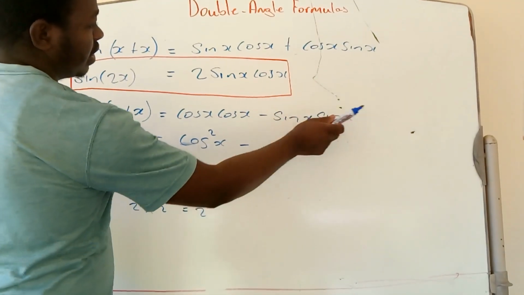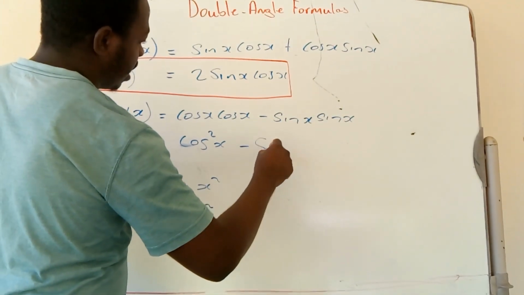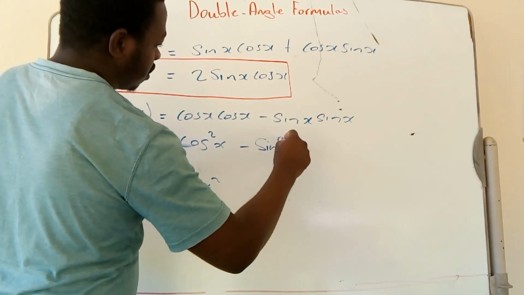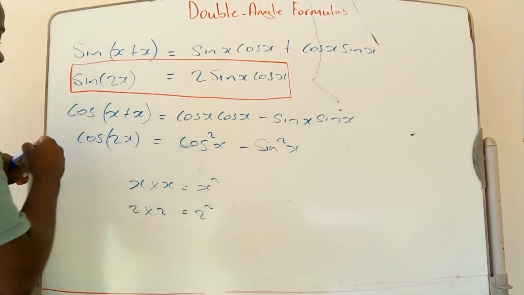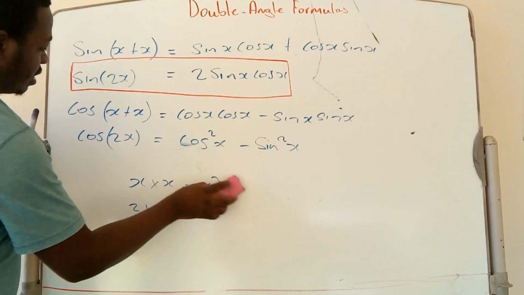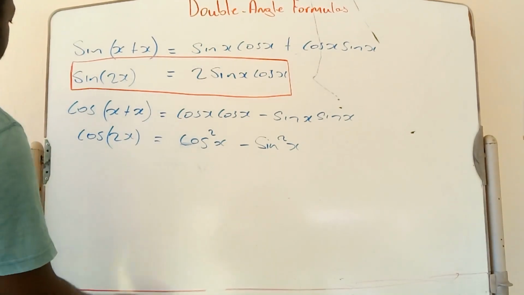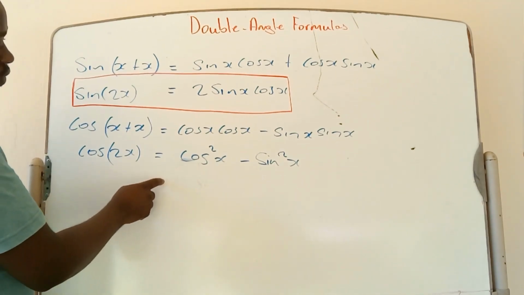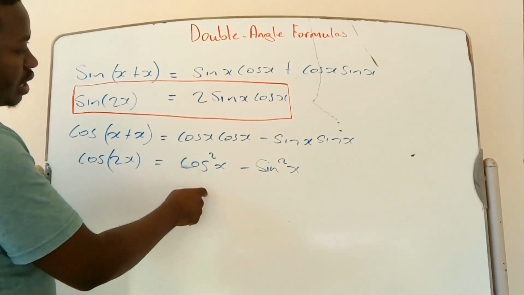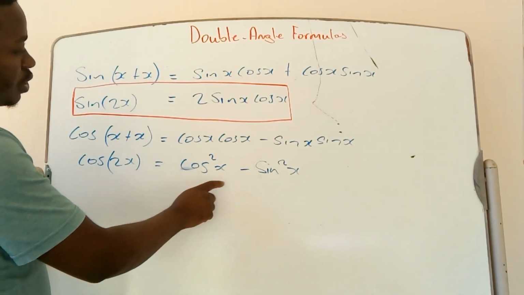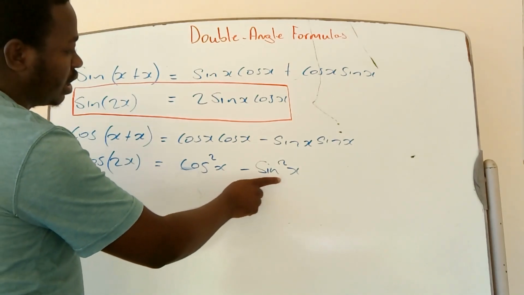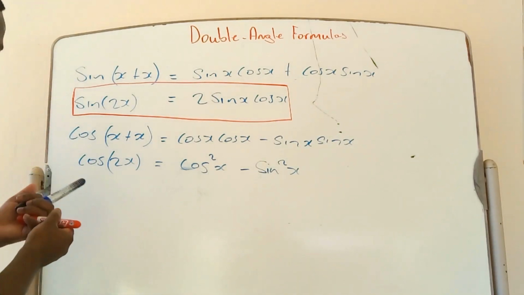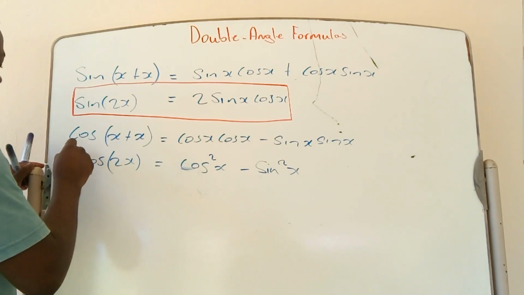Minus sin x times sin x, that's just equal to sin squared of x. Wow. And that is the double angle formula for cos 2x in terms of cos and sine. So this is just cos squared x minus sin squared x. So this is one version of it. So let's just highlight that.